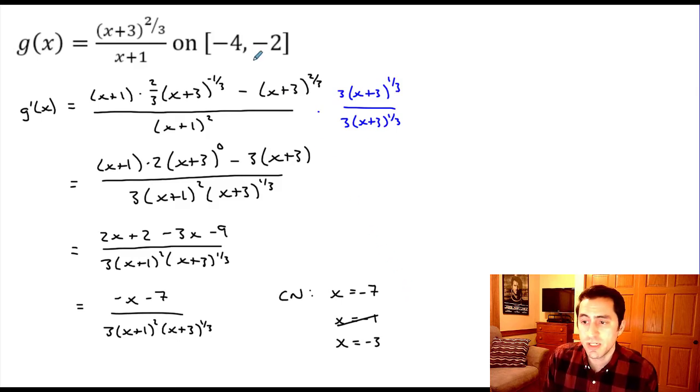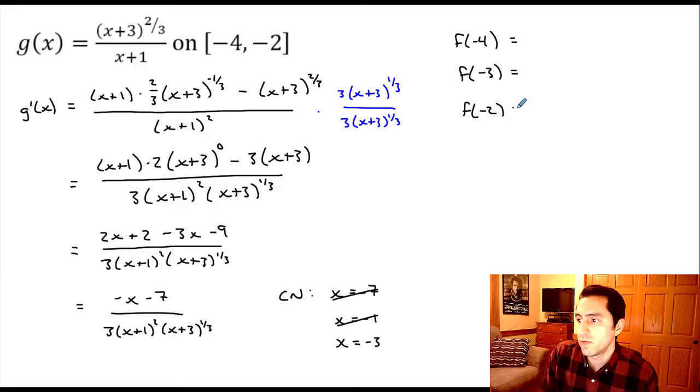Negative 7 is outside of that interval, so I don't need to test that critical number, although it is a critical number. So that just leaves the values that I want to test. I have f(-4), one of the endpoints, f(-3), the critical number we found within the interval, and f(-2), our other endpoint.